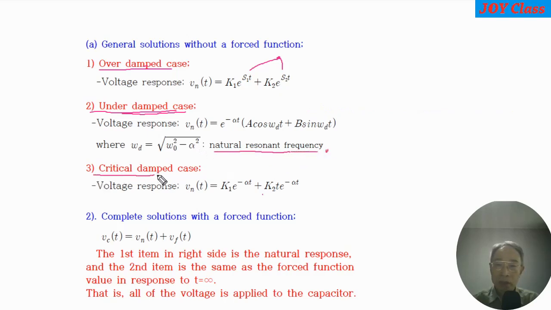Third, the critically damped case: Vn(t) equals K1 e^(-alpha t) plus K2 t e^(-alpha t).